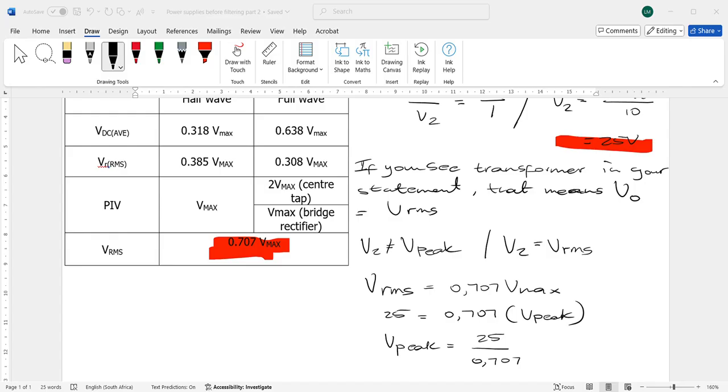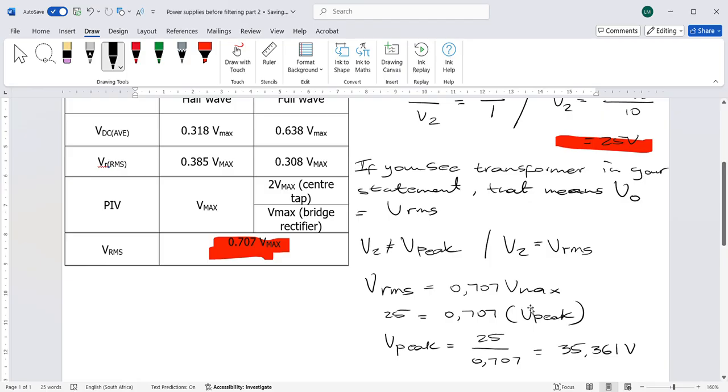The answer is 35.361 volts. There we go. That's our final correct answer.